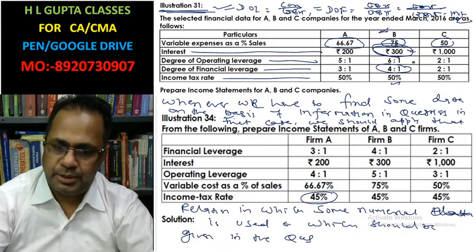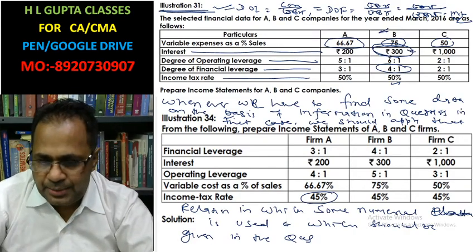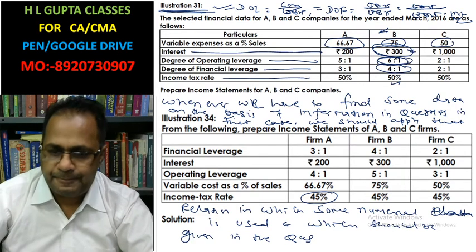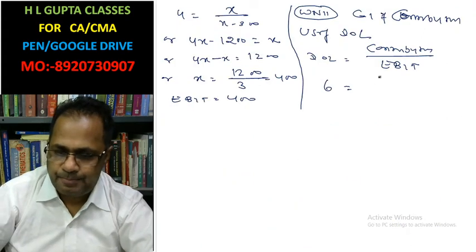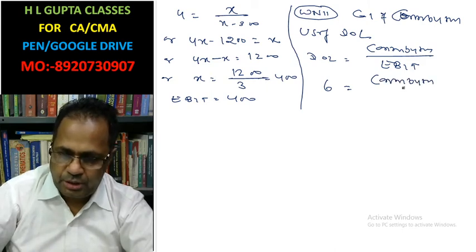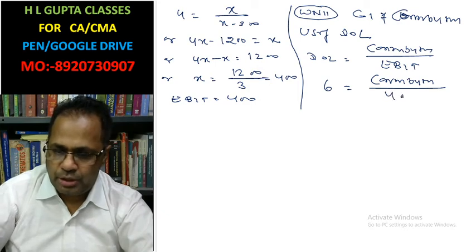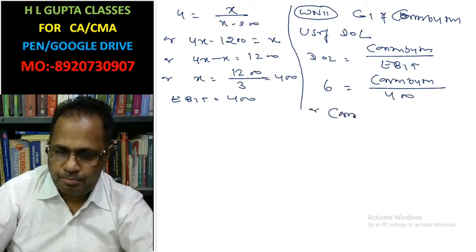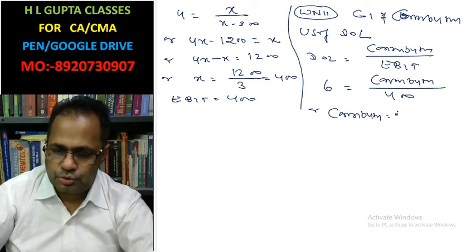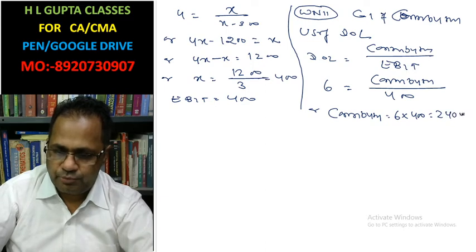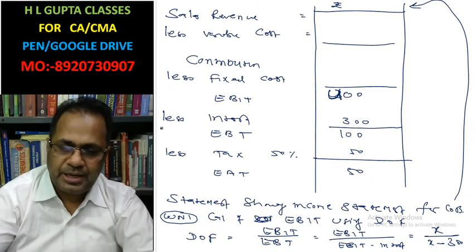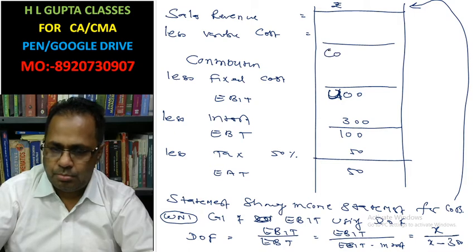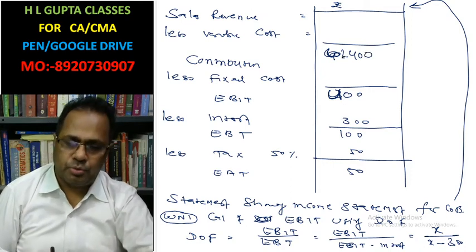In the case of company B, degree of operating leverage is 6 and EBIT we have calculated as 400. So 6 equals contribution upon 400, or contribution equals 6 into 400, that equals 2400. Contribution equals 2400.